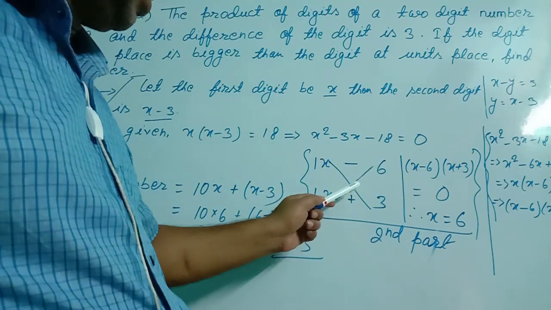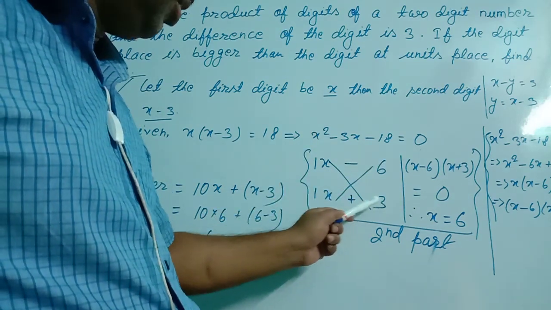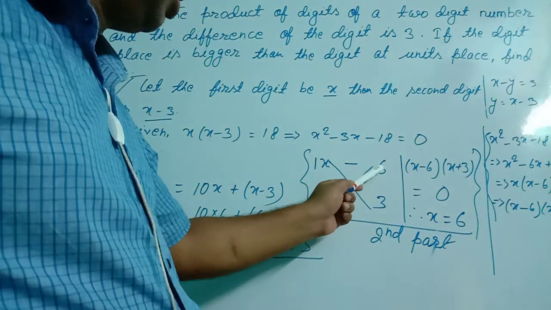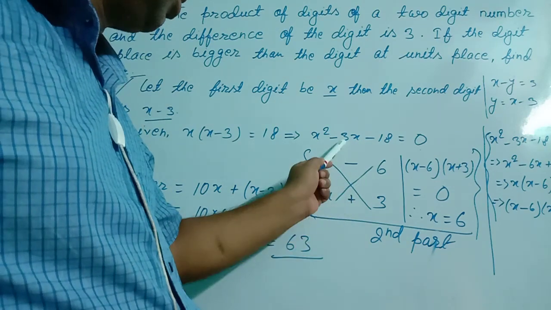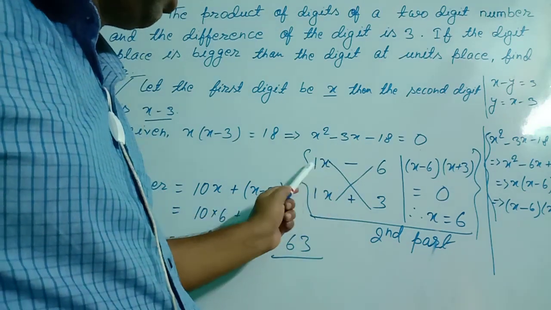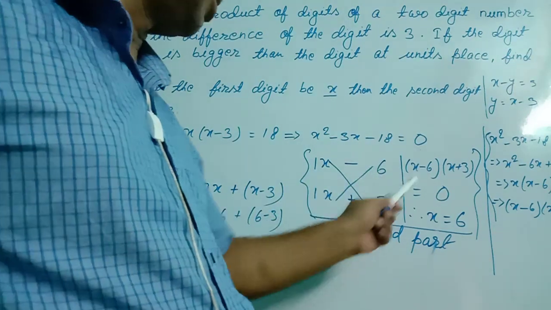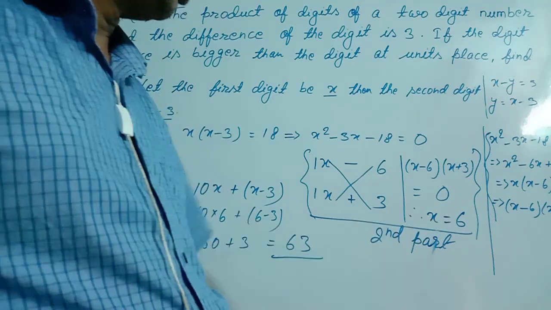Now you can understand with which number will be minus and with which number will be plus. Obviously minus will come with 6 and plus will come with 3, because -6 plus 3 equal to -3. Now our factors are ready. x minus 6, x plus 3 are the factors, equal to 0, so x equal to 6.